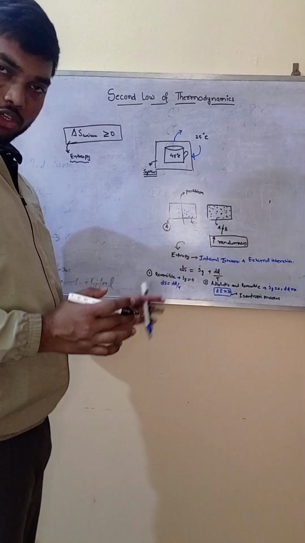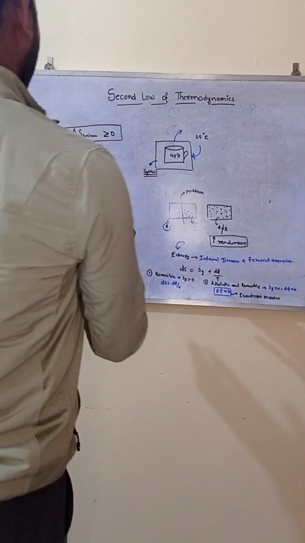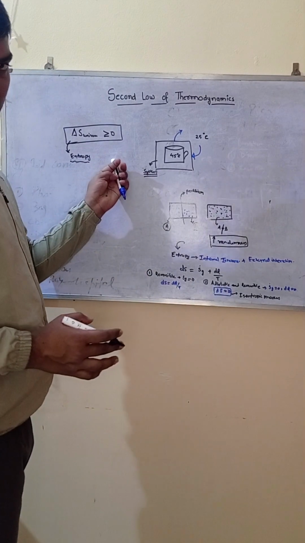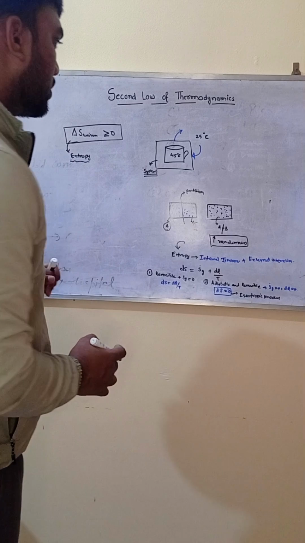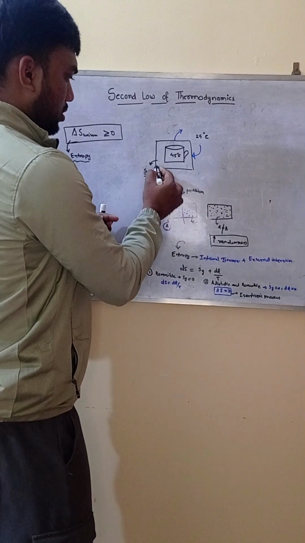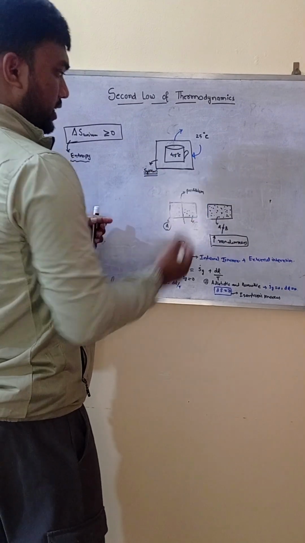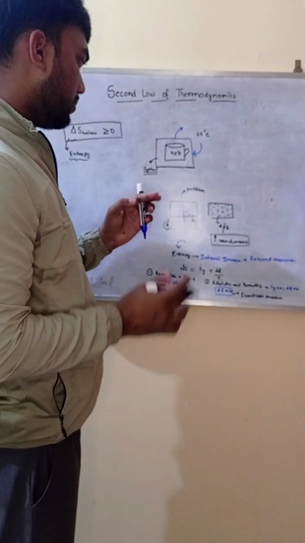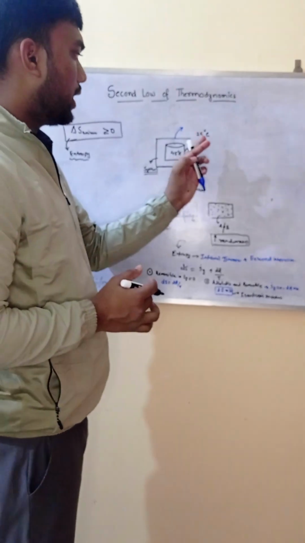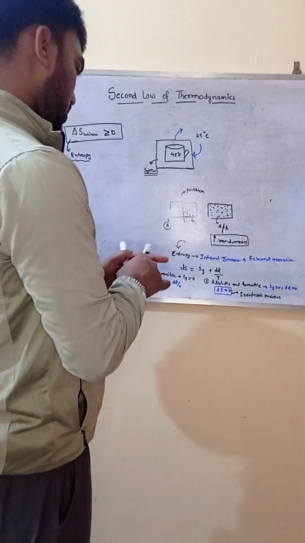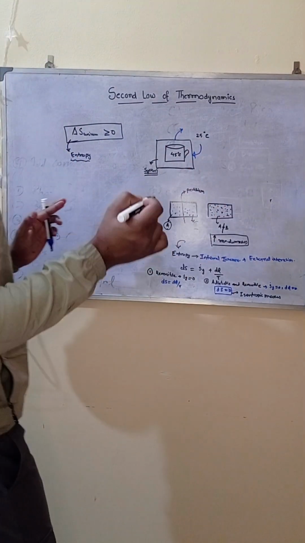So with this background of entropy, let's move back to the second law of thermodynamics, that is, delta S of the universe will always be greater than or equal to 0. Let's look into the example that we have taken earlier: a cup of hot tea at 45 degrees Celsius and surrounding at 25 degrees Celsius. Let's talk about two cases.